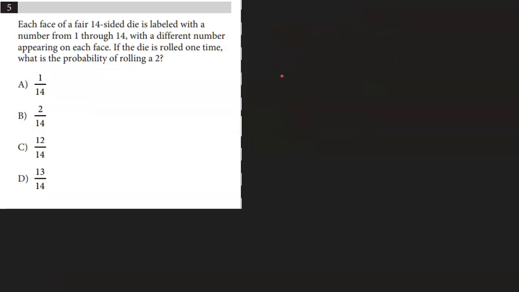All right, number 5. Okay, so for word problems, write out the information as you read it, so you don't have to go back and reread the problem. So we know we have a 14-sided die, and we're going to have numbers 1 through 14 with a different number appearing on each face, meaning no numbers are repeating.